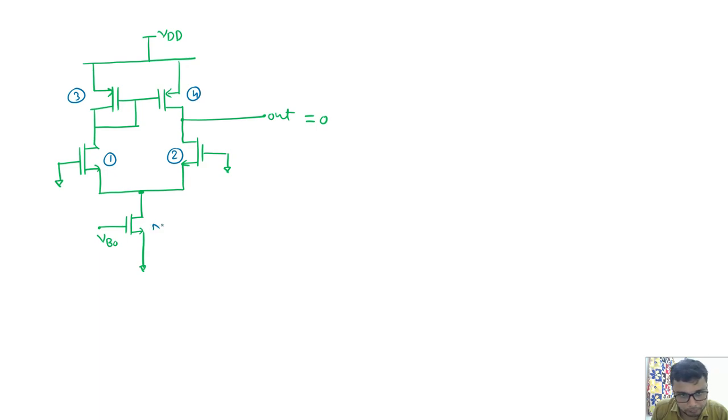So what are the possibilities? In M1, from a design perspective, there is W by L that you always consider. The second thing is VTH. The third thing is mu n COX. So there are many possibilities between M1 and M2.